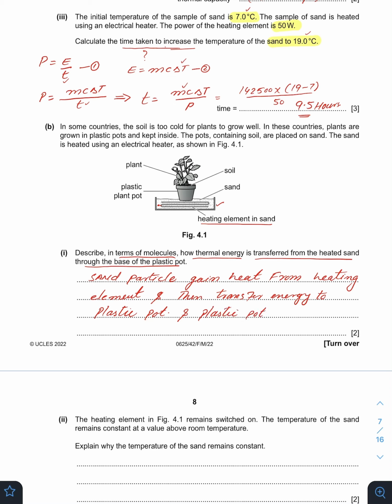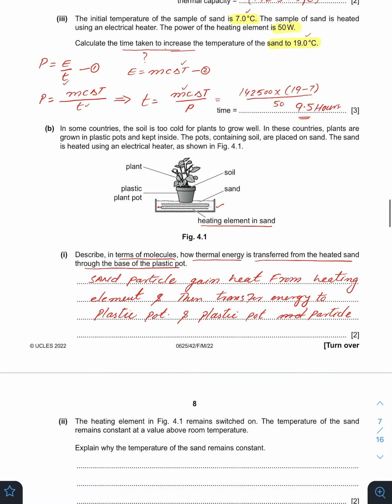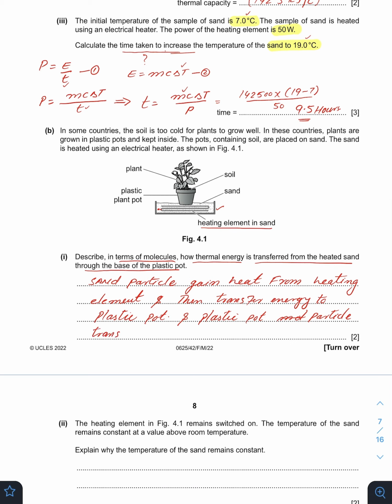Plastic pot molecules, it is better to write particles. Plastic pot particles transfer energy to the soil.